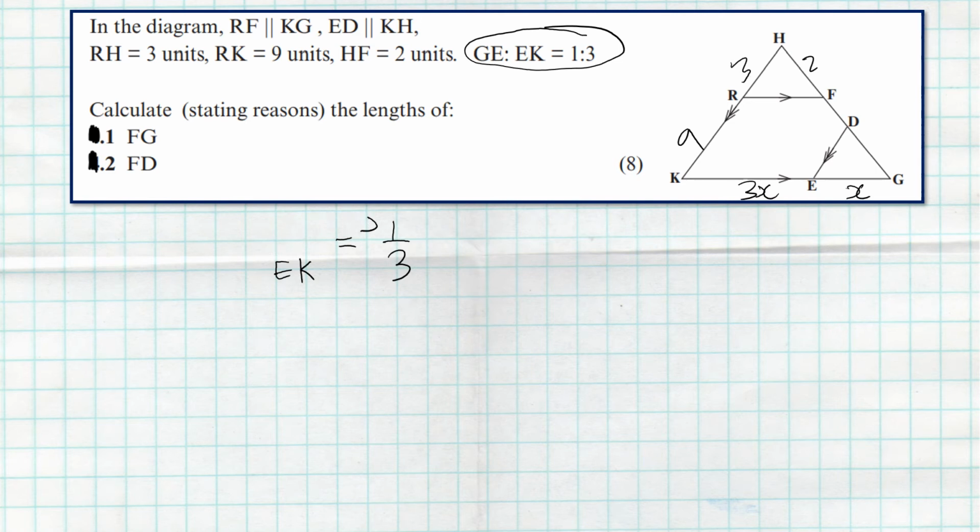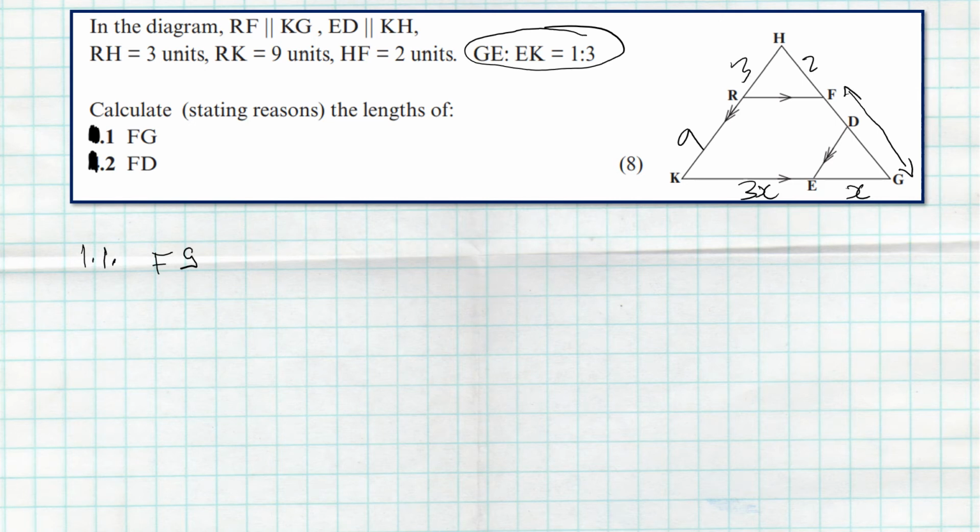Okay, now let us go. They said calculate, stating reasons, the length of the following. 1.1, they need the length of FG. Take a look at your FG. Your FG is this length, right?